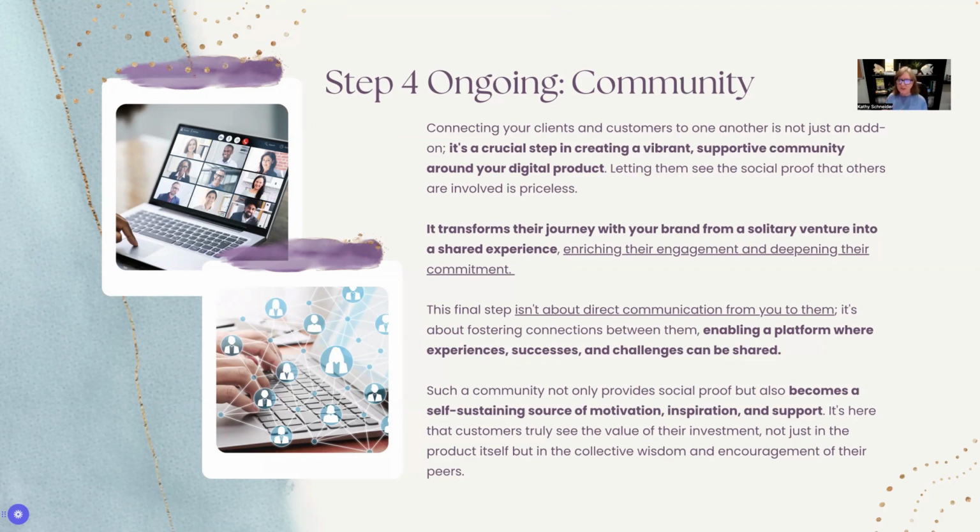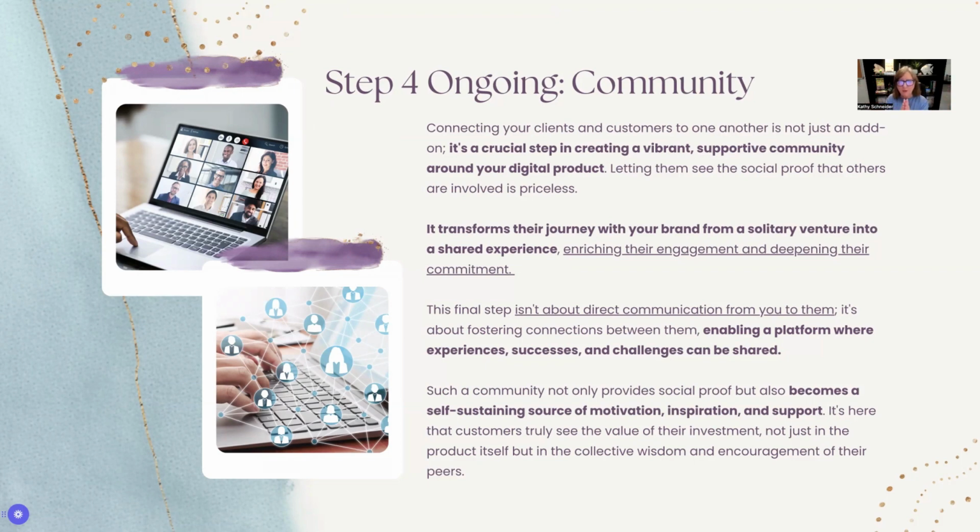If your situation is where you can have a community, great. If you don't offer a community for your product, because it doesn't really fit, you can always connect them back to your Instagram, since that's kind of your larger community.